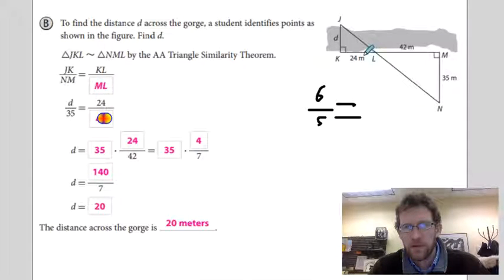That's going to be equal to 24 over something. So what's 5/6 of 24? 24 divided by 6 is 4, and then times 5 is 20. So that's equal to 20 over 24.